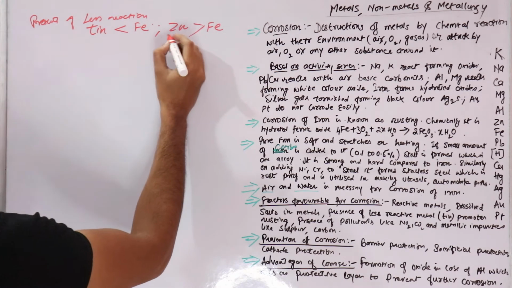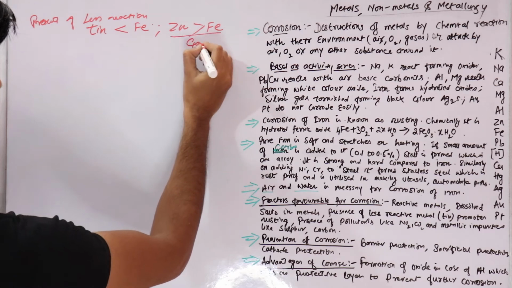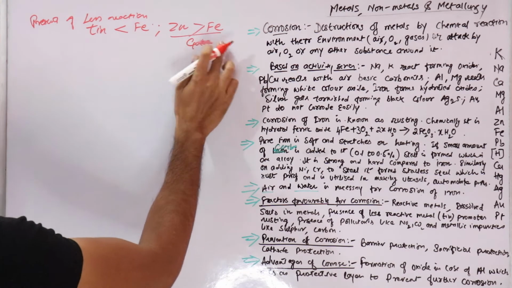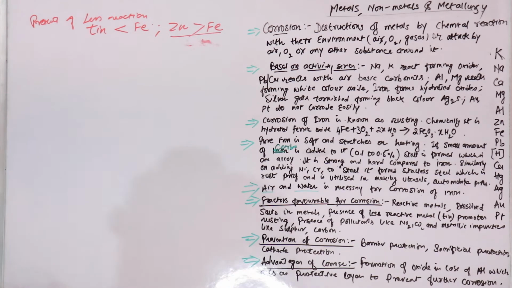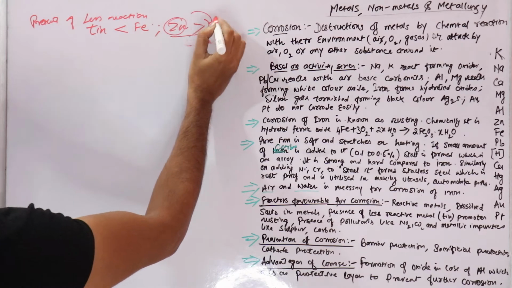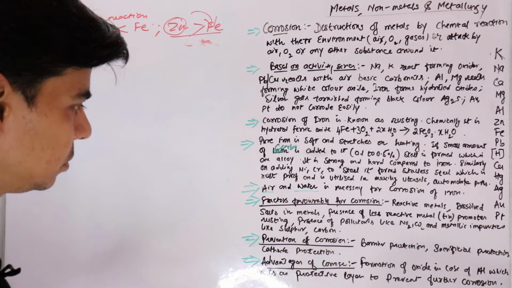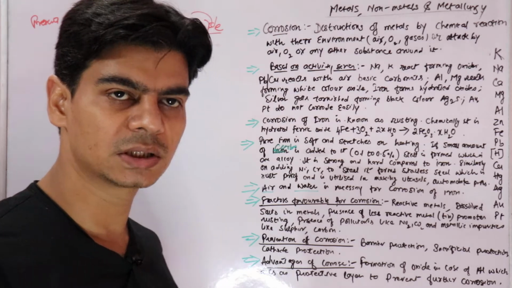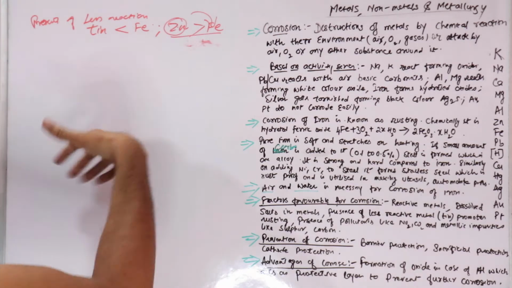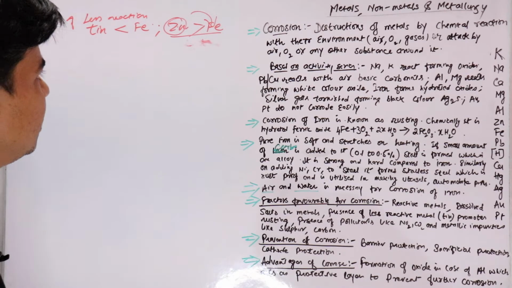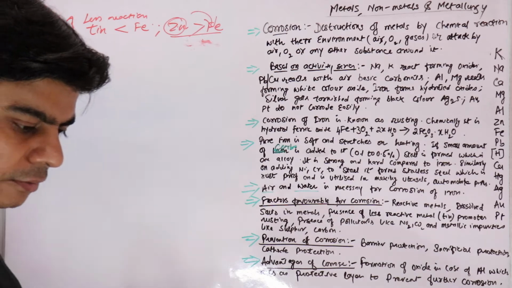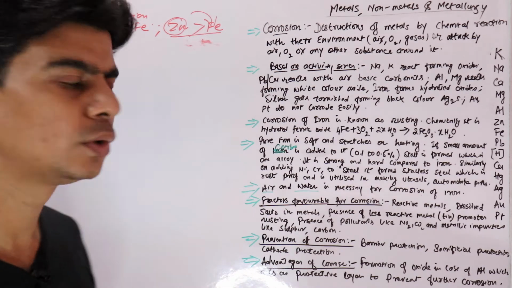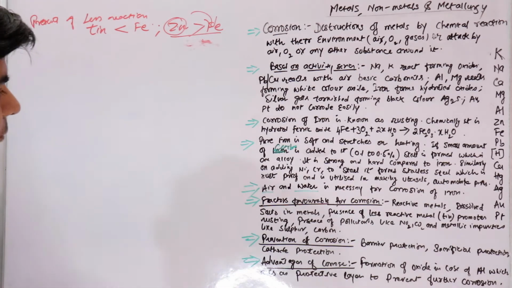If we coat zinc over iron to prevent the rusting of iron, this is known as galvanization, and then rusting would be stopped. Whereas if you want to favor rusting, then you need to coat a metal which is less reactive compared to iron.